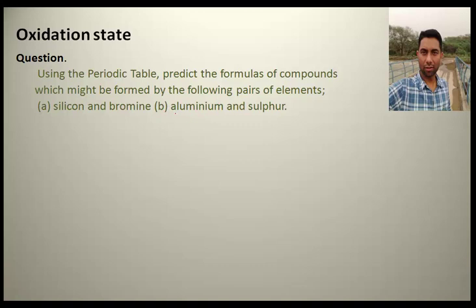Okay. Now we will discuss the second part, that is the aluminium compound. What will be the formula of the compound between aluminium and sulfur? Again, we have to go back to the periodic table, and there are 2 elements: aluminium, if you remember, atomic number 13, and the second species is sulfur, atomic number Z equals 16.